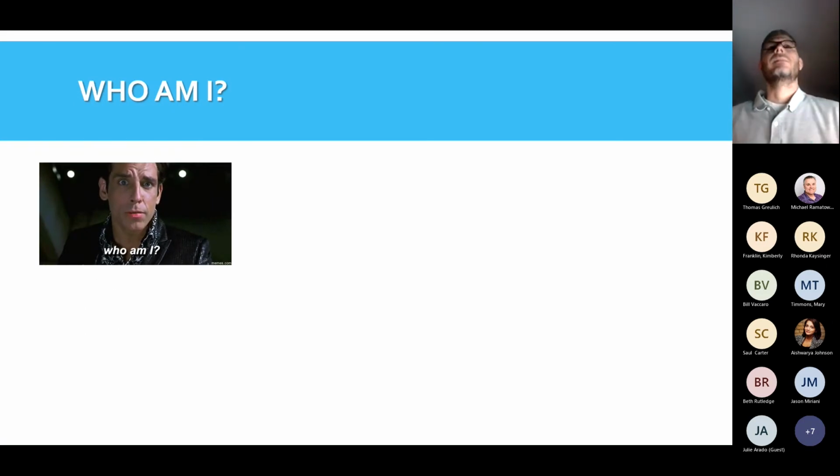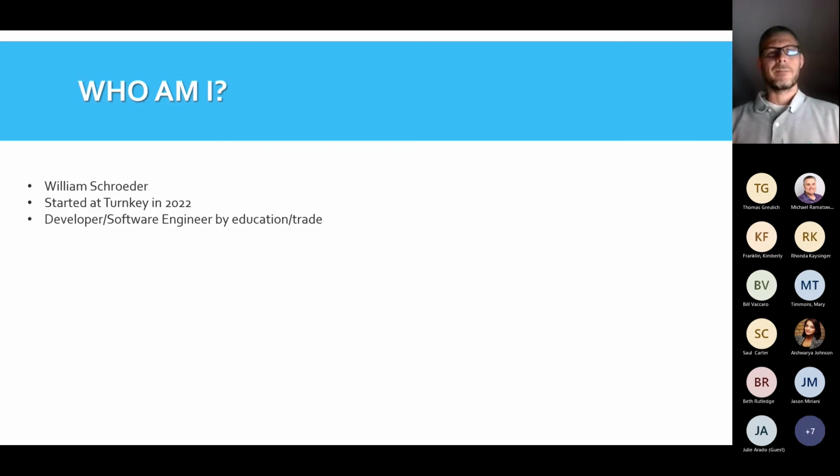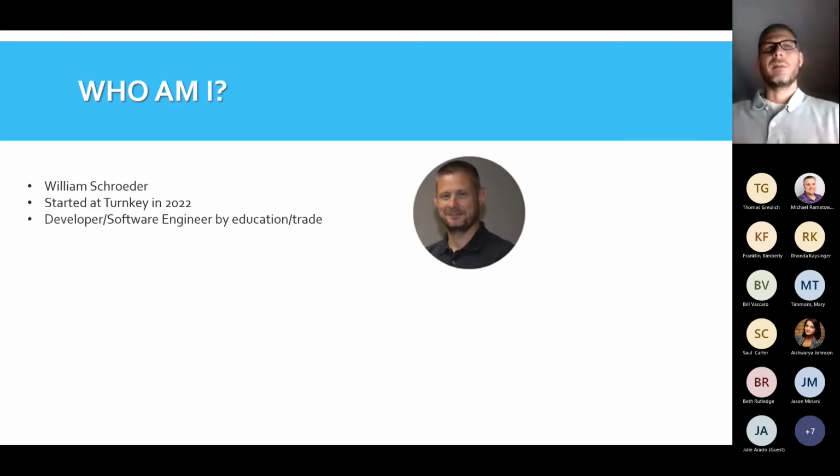So, who am I? I ask myself the same question on a daily basis. I'm William Schrader. I go by Billy informally, formally William. I started here at Turnkey recently. I'm a developer, a software engineer by education and by trade. I worked previously with another partner for a long time, and before that, for another partner. So I've been active in the Microsoft partner channels for 23 years now.